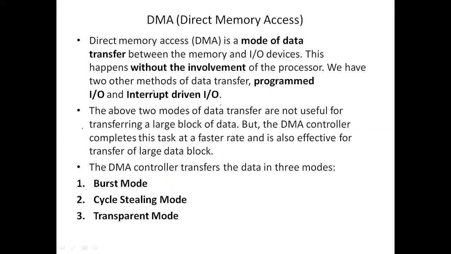As we already know, programmed IO and interrupt driven IO are not useful for transferring large amounts of data. That's why the DMA controller completes the task at a faster rate and is also effective for transferring large blocks of data. So what is a DMA controller? The DMA controller looks after all the access parts of the DMA. Here the task is done by the DMA controller only.